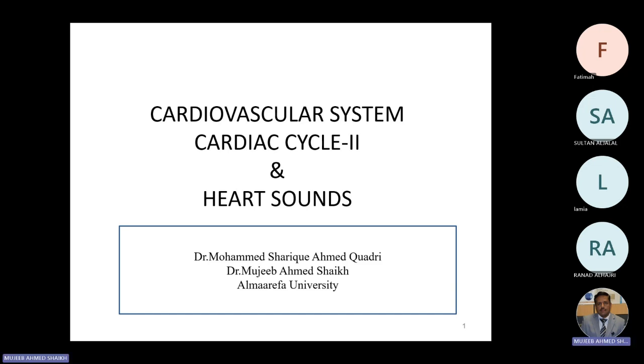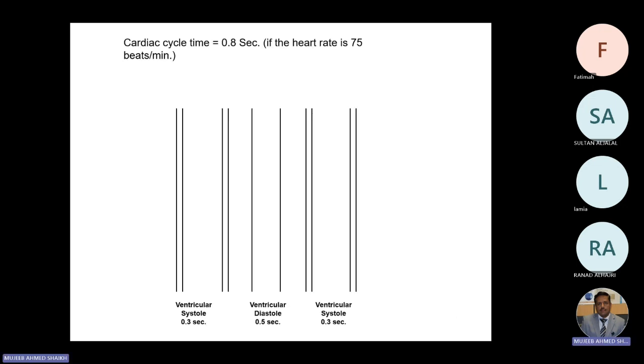So if you want to know how many times the heart beats in 1 minute, let's assume that the heart is beating about 75 times per minute. Just for calculation purposes, we are taking a normal number, that is normal at rest. Suppose the heart rate is 75 beats per minute. That means 75 times in 60 seconds.